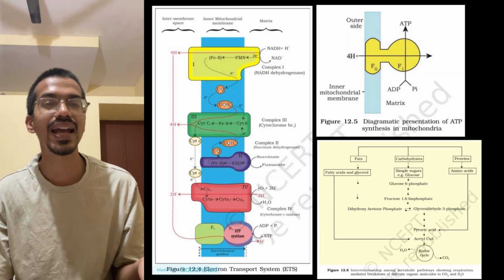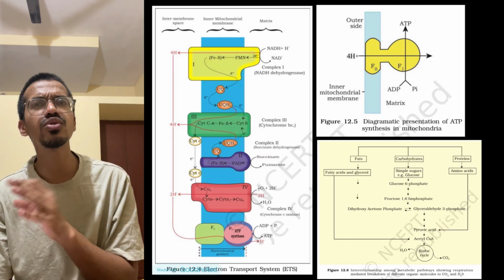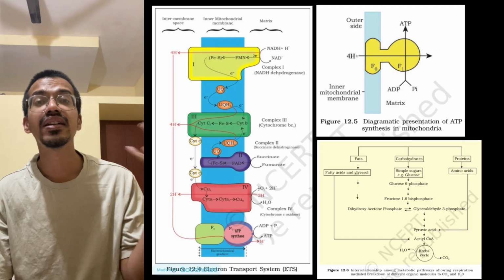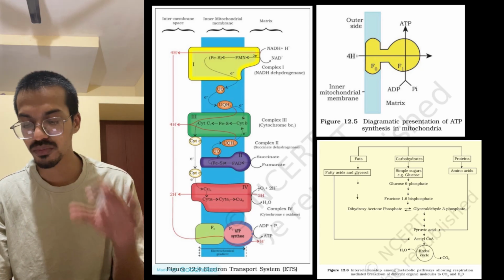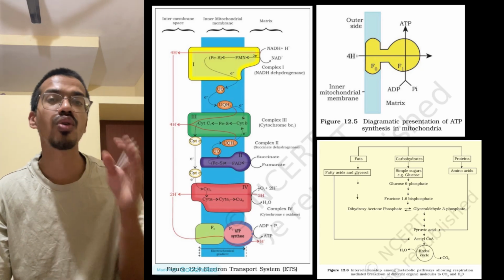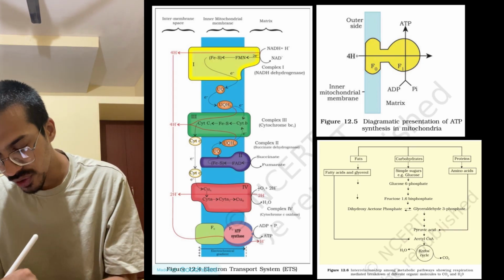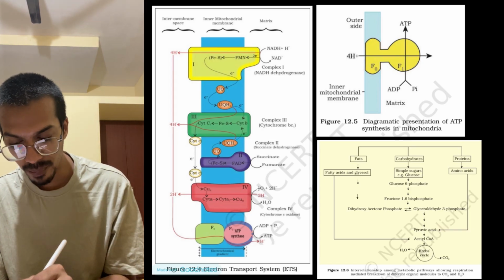Then in the aerobic pathway, since NADH and FADH2 are also being formed, these high energy currencies have to be converted into ATP. So they will go to the electron transport system, which is present on the inner mitochondrial membrane of the mitochondria. Here these different complexes are present.